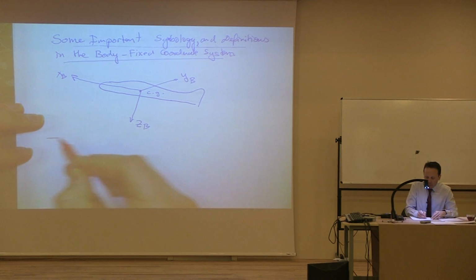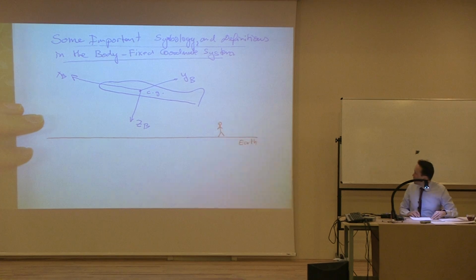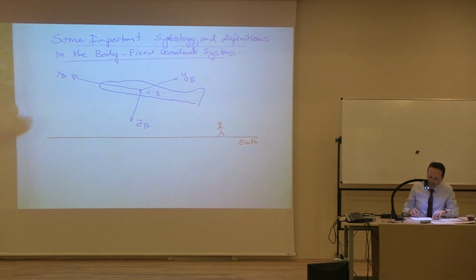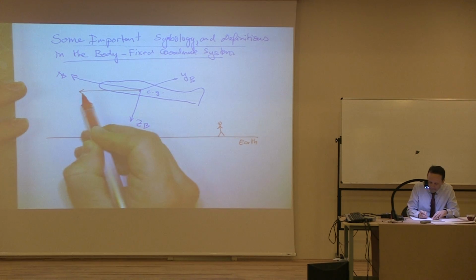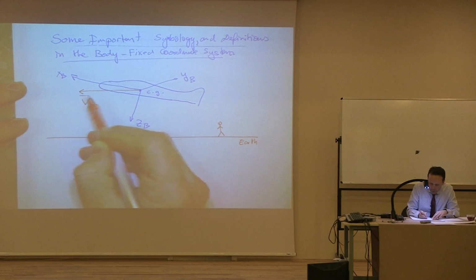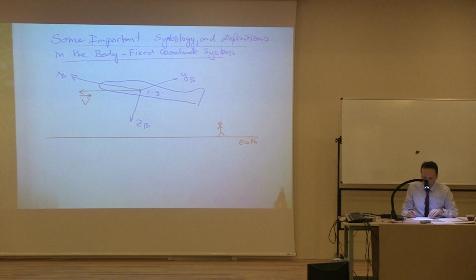Let's say this is Earth, and that's me looking at the airplane, all right? And I see a velocity of that airplane. Let's say this velocity is like this. Velocity of the airplane with respect to this person.